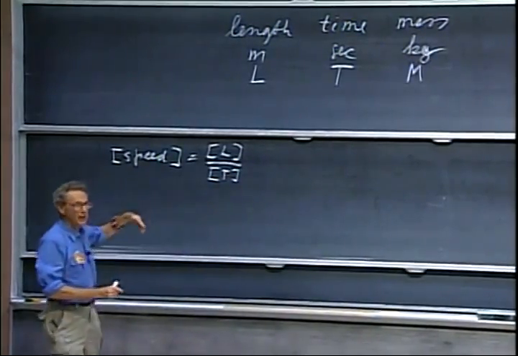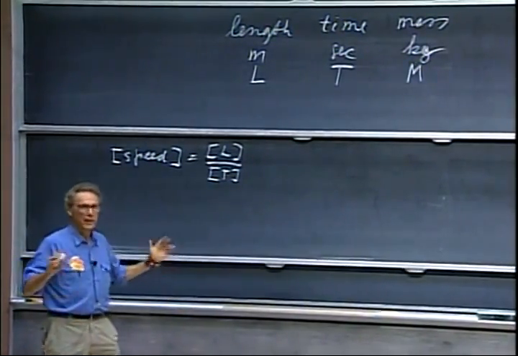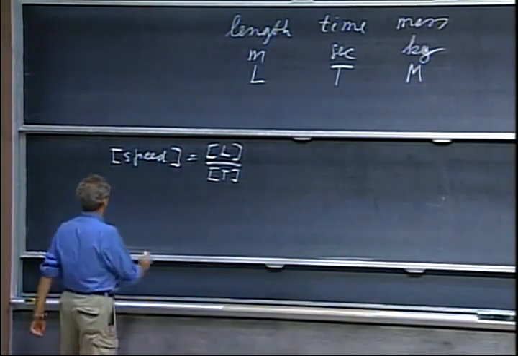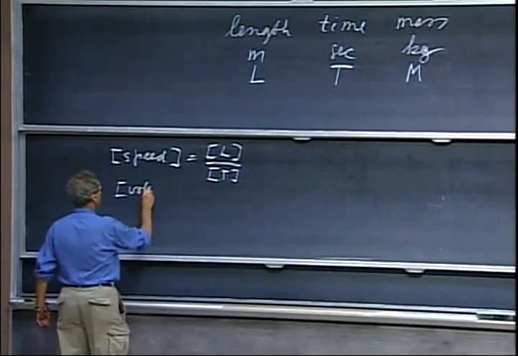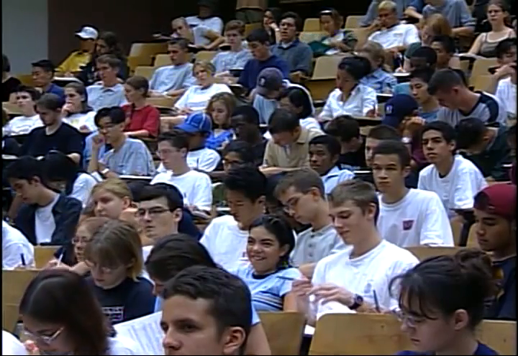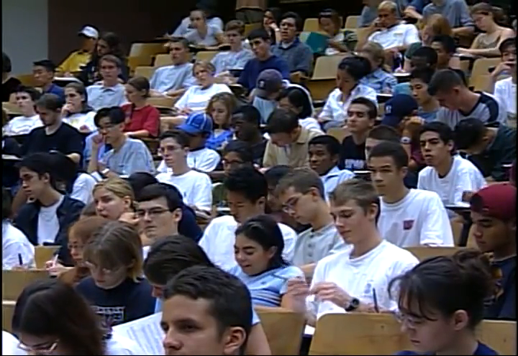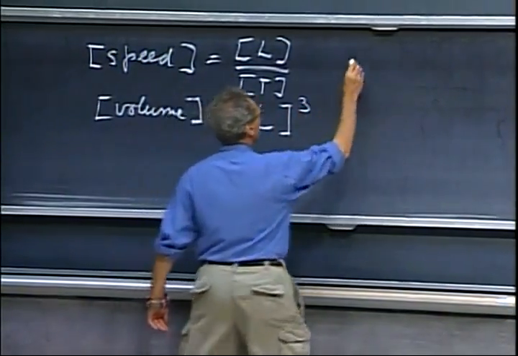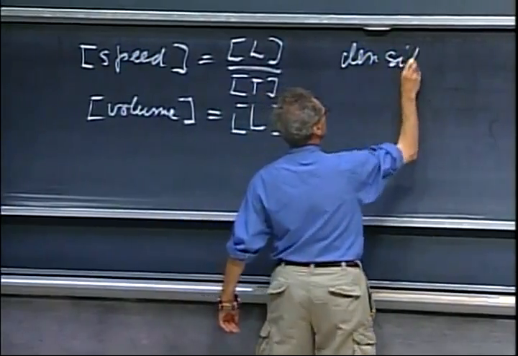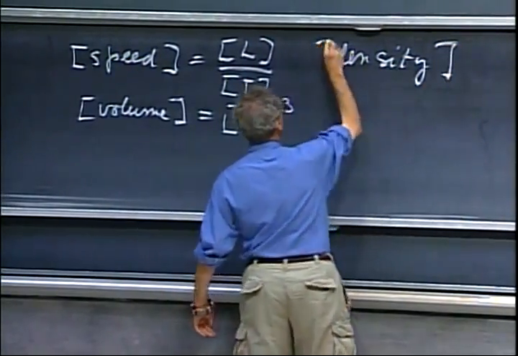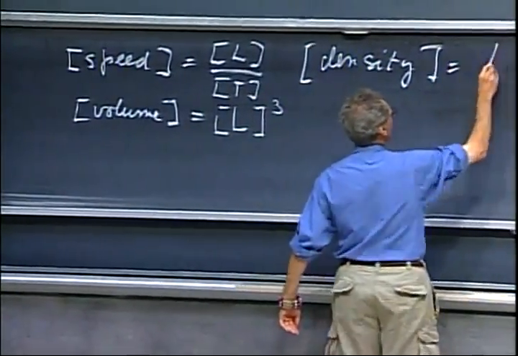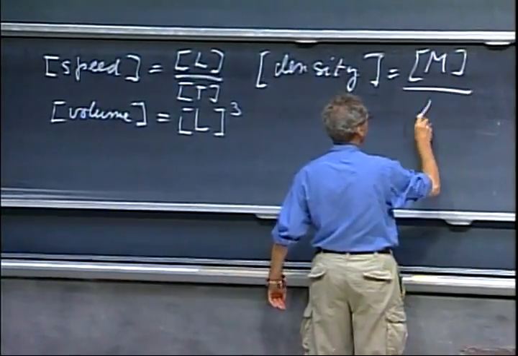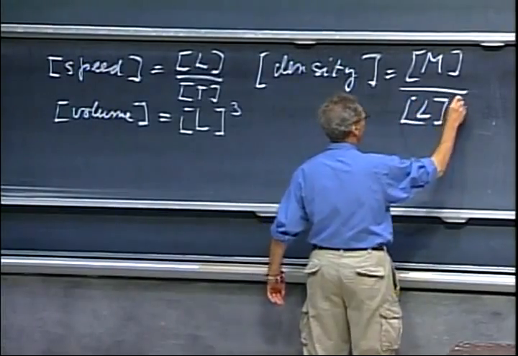Whether it's meters per second or inches per year, that's not what matters. It has the dimension length per time. Volume would have the dimension of length to the power 3. Density would have the dimension of mass per unit volume, so that means mass divided by length to the power 3.